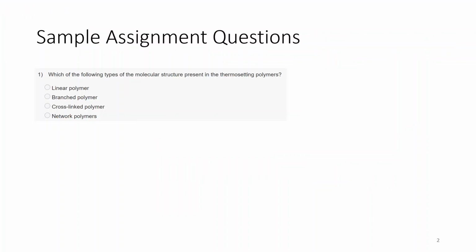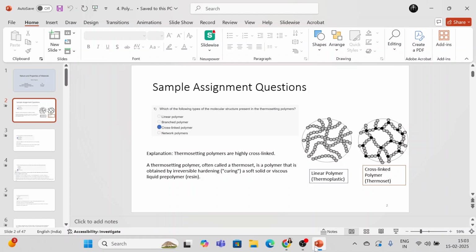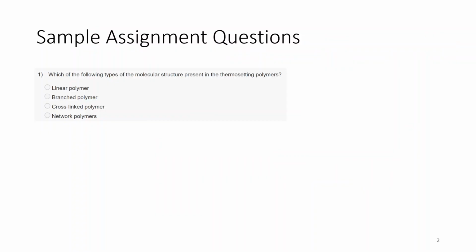Okay, so the first question is, which one of the following types of the molecular structure present in the thermosetting polymers? Your options are linear polymer, branched polymer, cross-linked polymer, or network polymers. So the correct answer here will be cross-linked polymers.